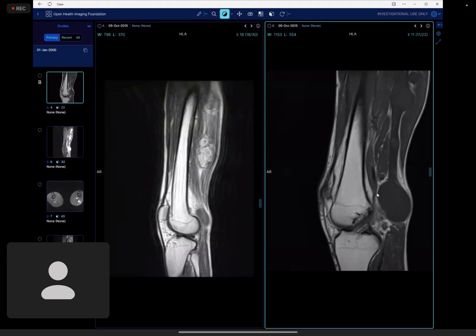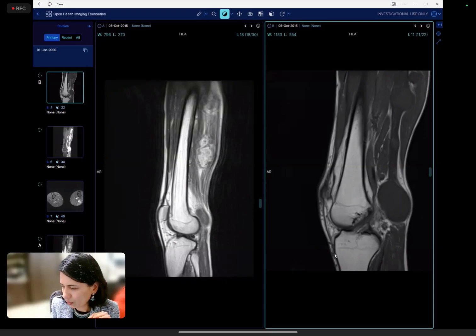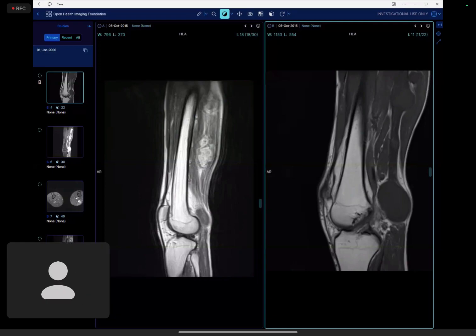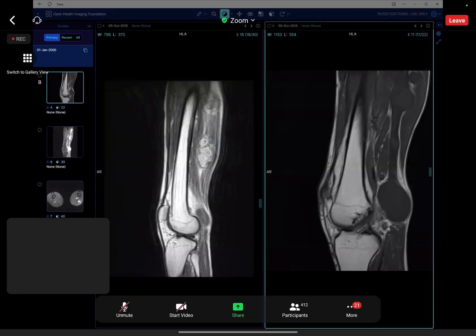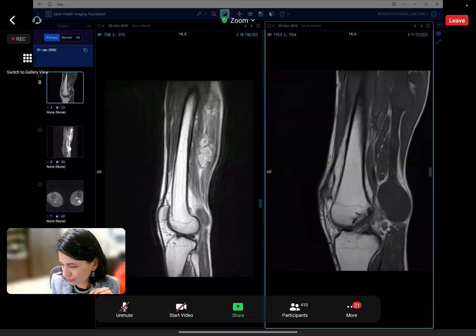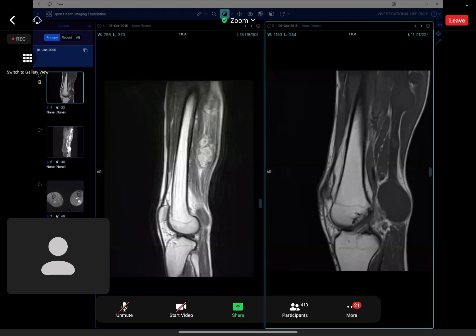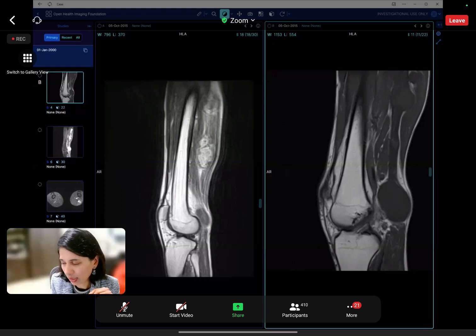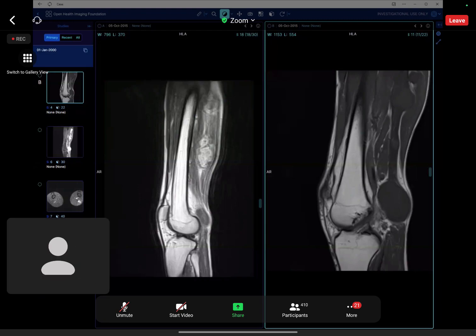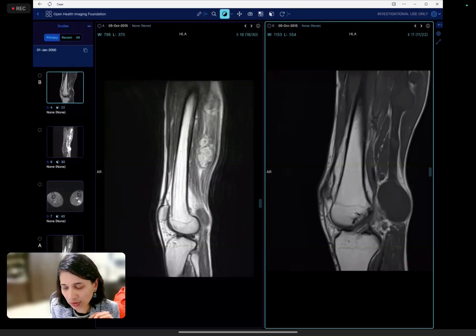What are the features of neurofibromatosis type 1?